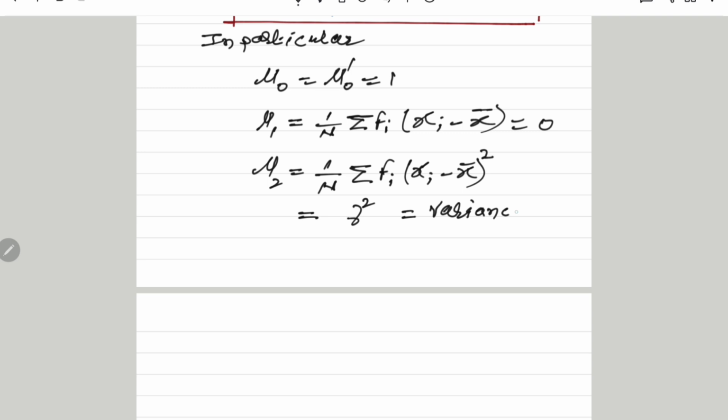Already I have defined this term while discussing the standard deviation. If we take a square root of this, we get the standard deviation.